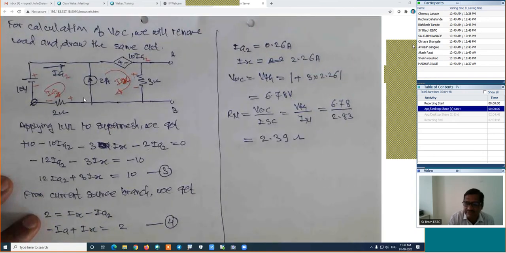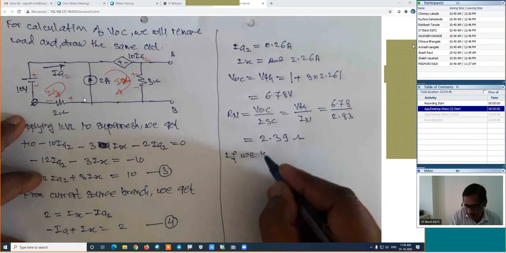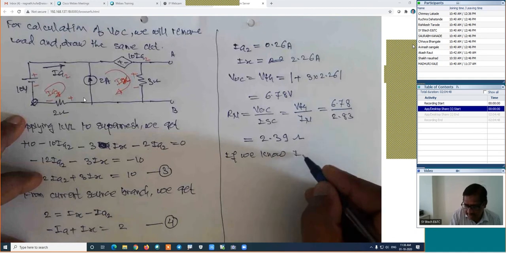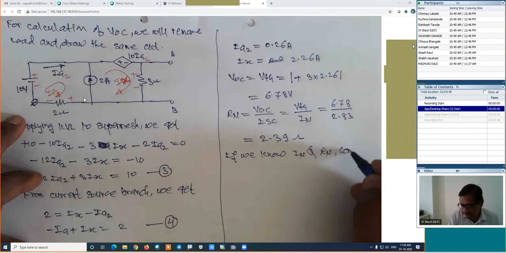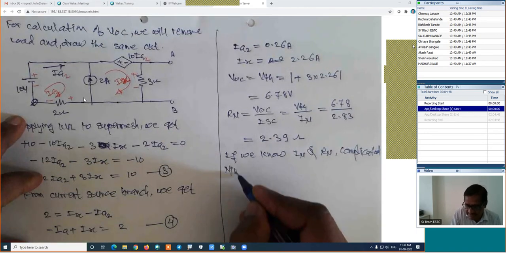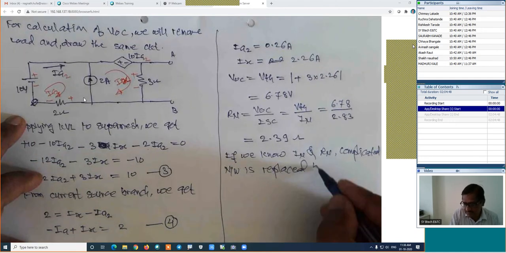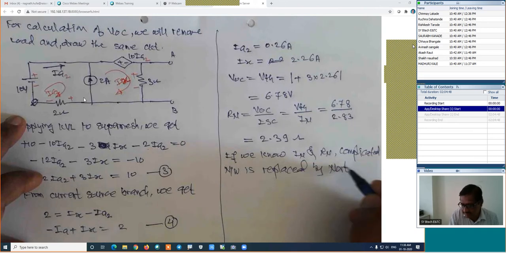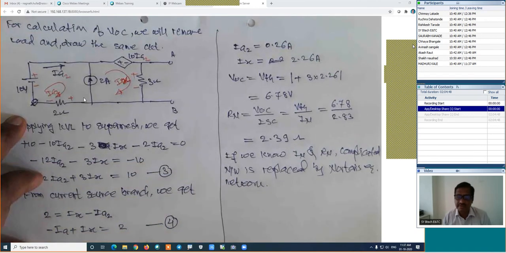Yes. Now, if we know IN and RN, then the complicated network is replaced by Norton's equivalent network.